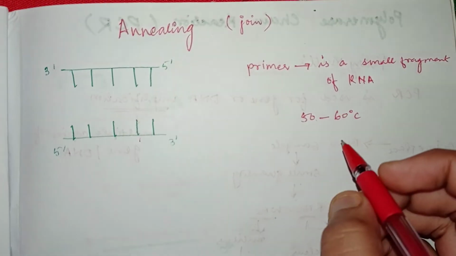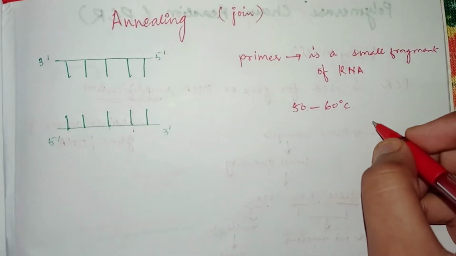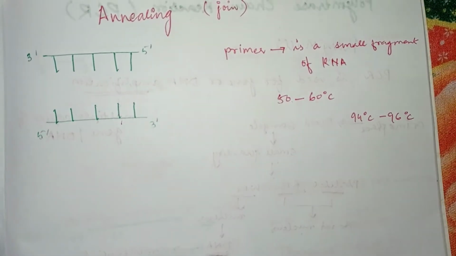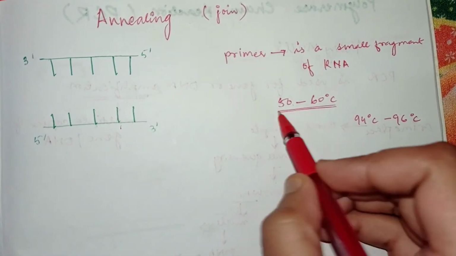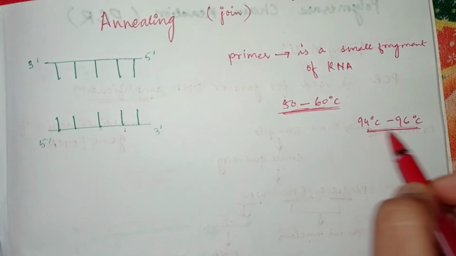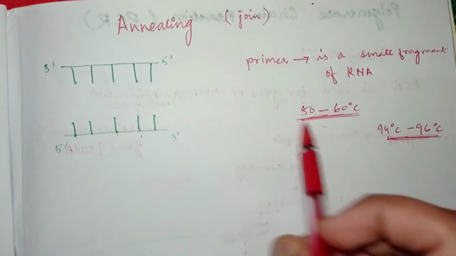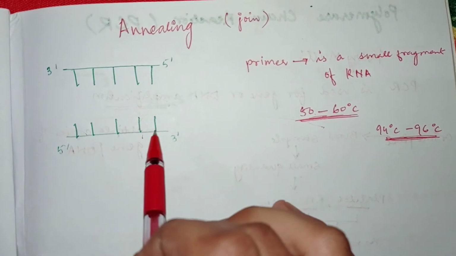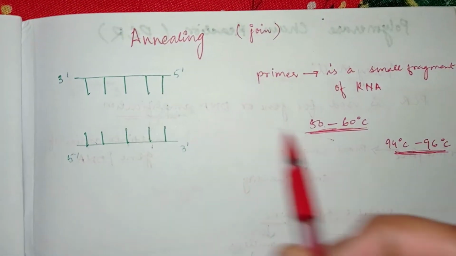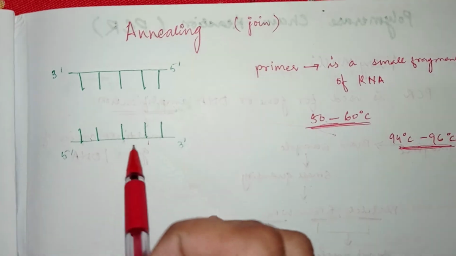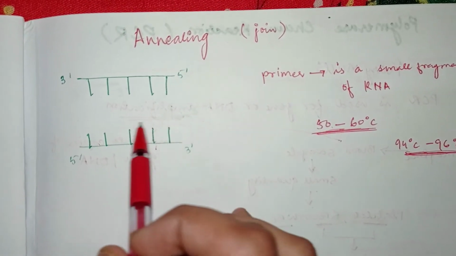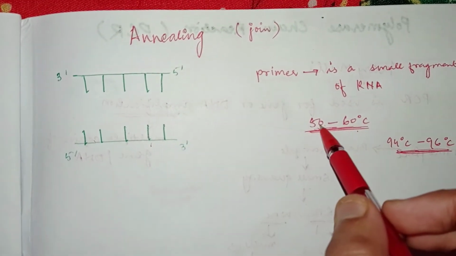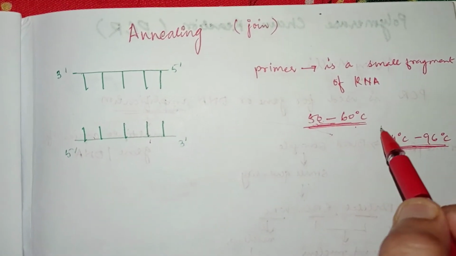In the previous step the temperature was 94 degrees Celsius to 96 degrees Celsius, but here the temperature is lower as compared to the previous one, because here we do not need to break these hydrogen bonds or phosphodiester bonds. We need to bind the primer strands to the template DNA. So here we need lower temperature, that is 50 to 60 degrees Celsius.